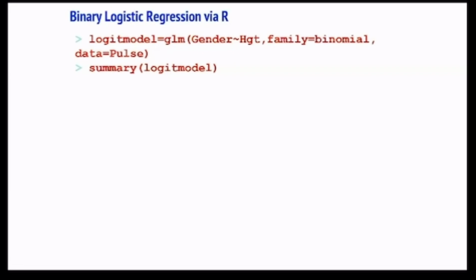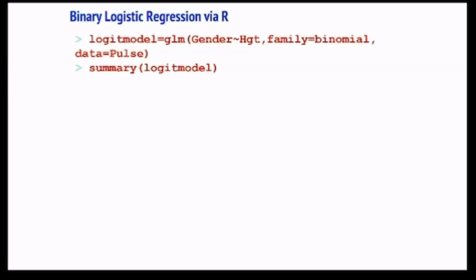What I want to figure out is, if I know the height of somebody I've not seen, is the height enough for me to predict whether the person is male or female? This is basically a classification problem.